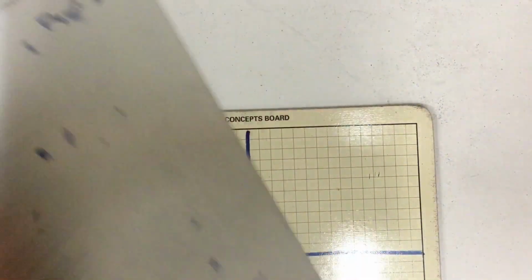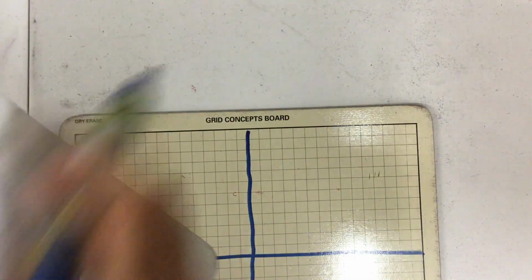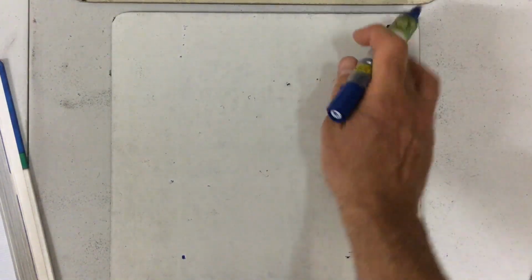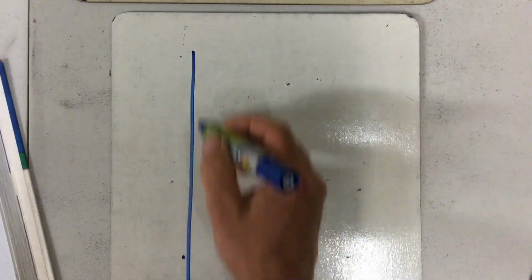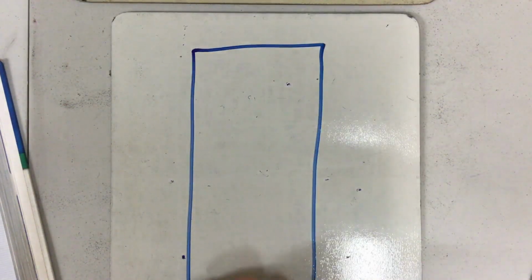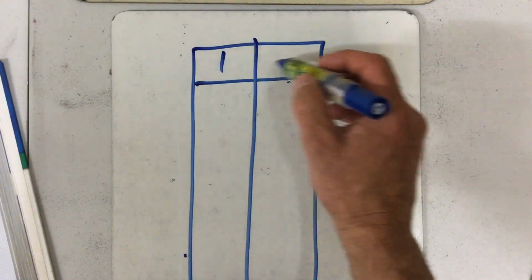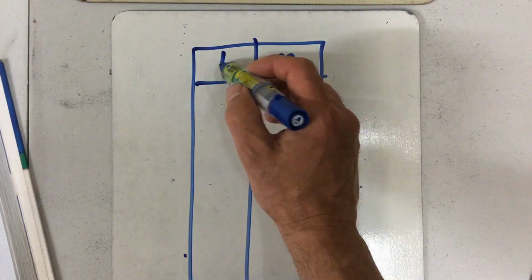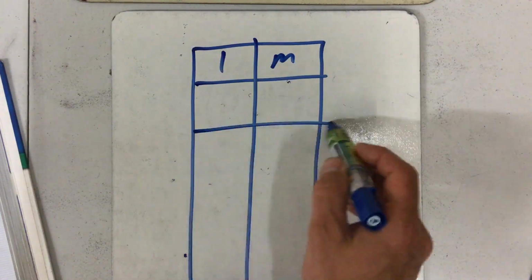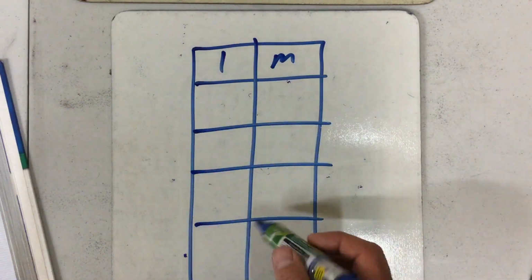All right, so if I use the next example out of the book, it says, find the rule for this function. So how about you don't look at your book, but just look at this table, because I'm going to leave one out. And we're going to call this side L, side M. And you get 4 boxes worth right there.